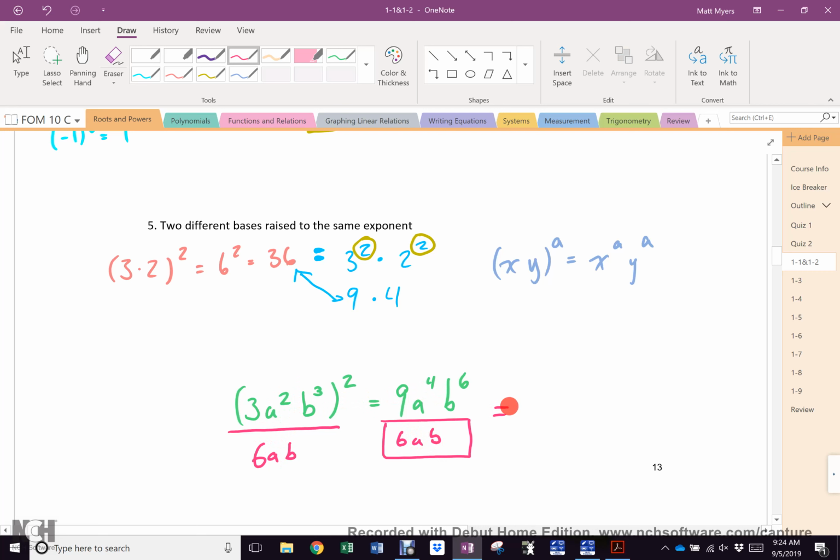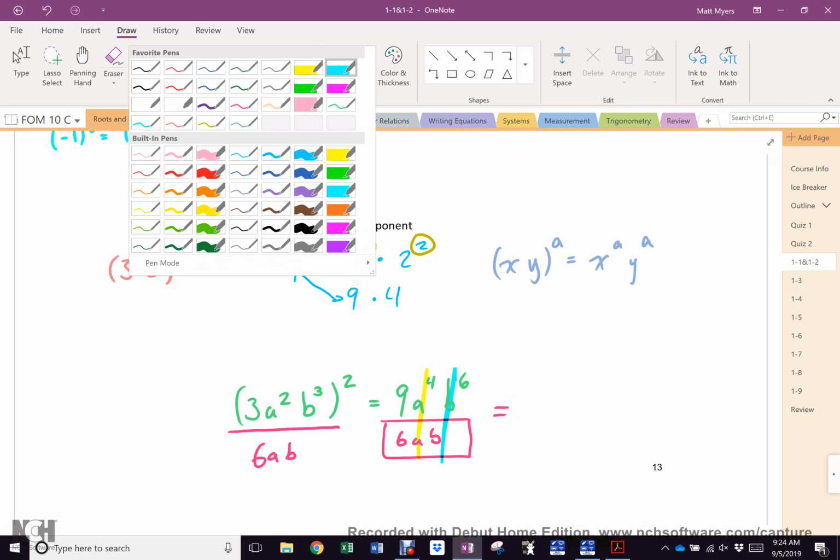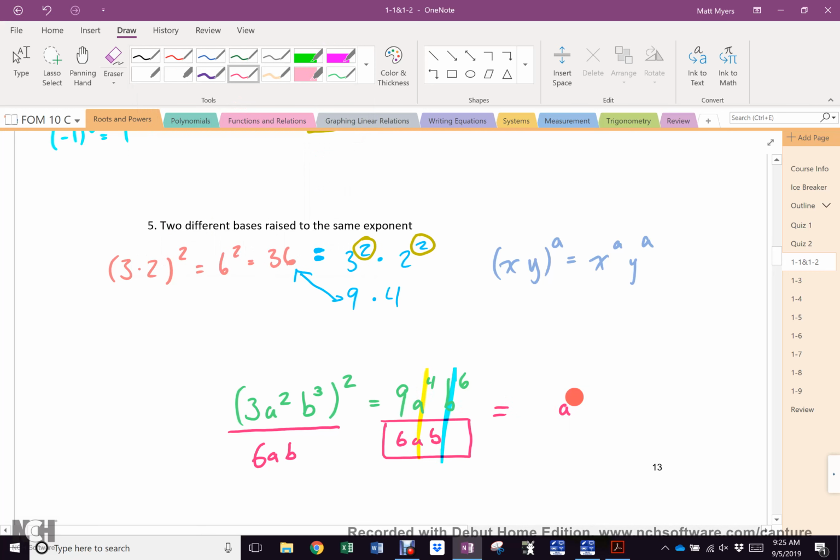Now, what would I do? Every rule still counts. It's pretty easy to see what to do there and there, right? Isn't that just the second exponent rule written on your page? So what is the answer there? A to the third, because 4 minus 1, right?